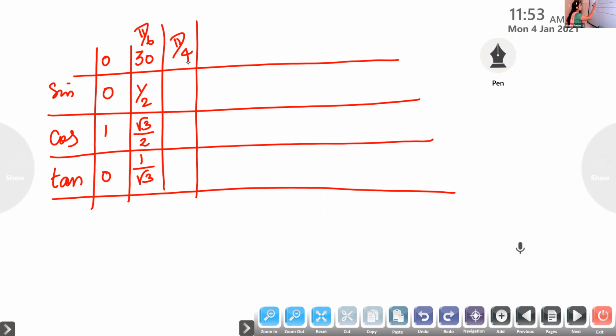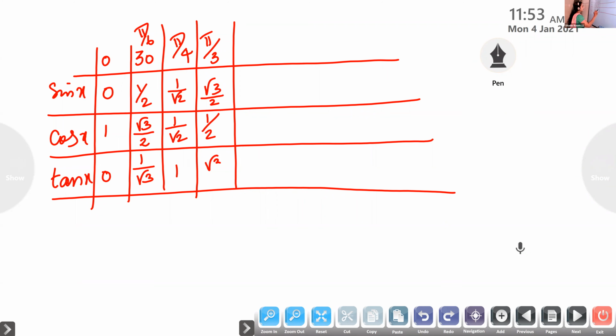What is the value of sine 45? 1 by root 2. Cos 45, again 1 by root 2. Tan 45 is 1. Then 60. 60 means we write this as pi by 3. What is sine 60? Root 3 by 2. Cos 60, 1 by 2. Tan 60 is root 3.